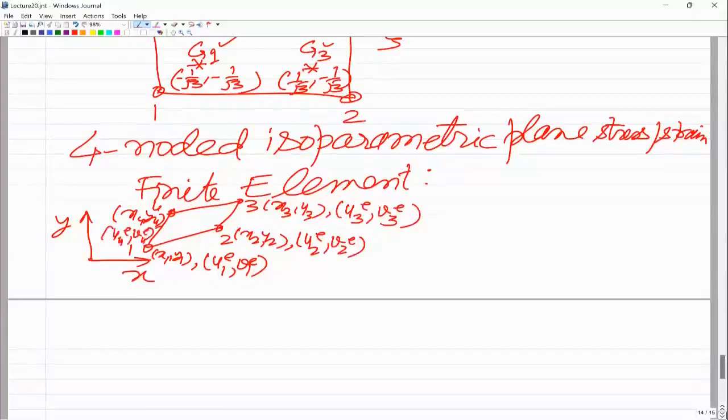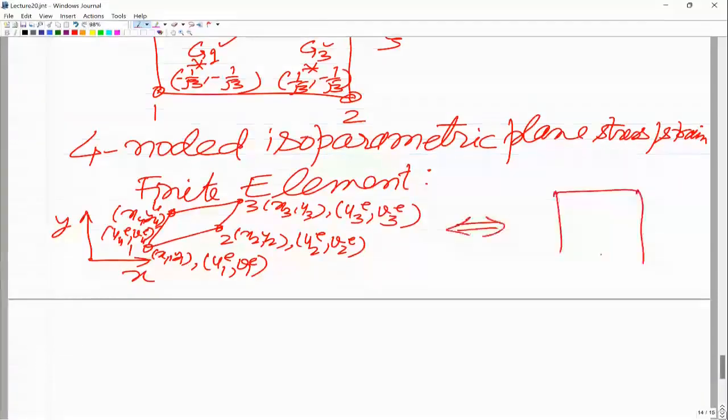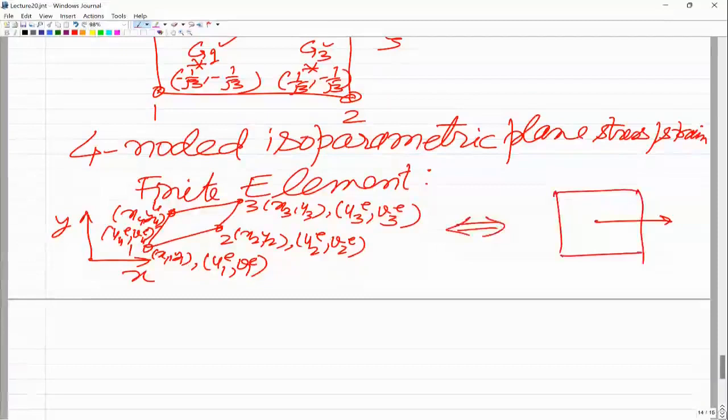These will be the degrees of freedom. This element is mapped to the natural coordinate space. That means all the approximations of the solution we are going to do in terms of the natural coordinates xi and eta, and the nodes correspond: node 1 is mapped to node 1 over here, node 2 to this node, node 3 to this node, and node 4 to node 4 in the physical coordinate space.